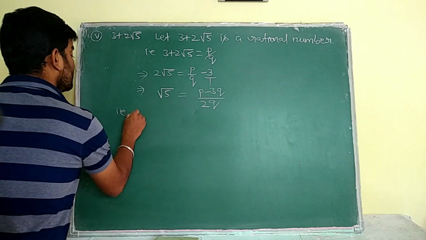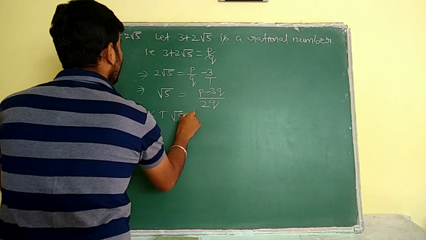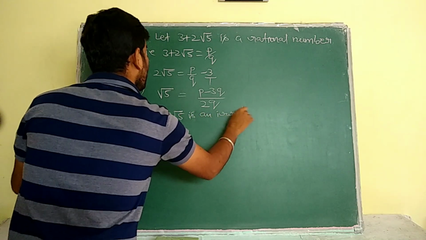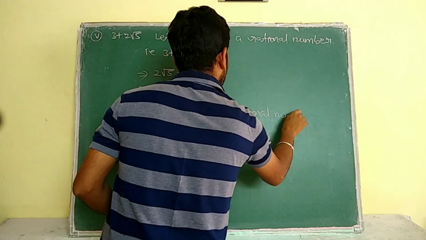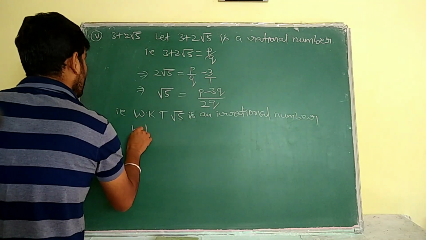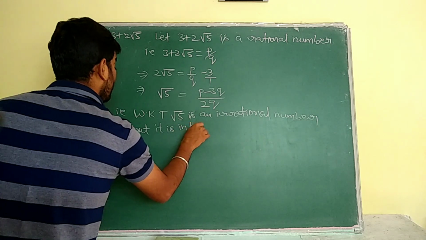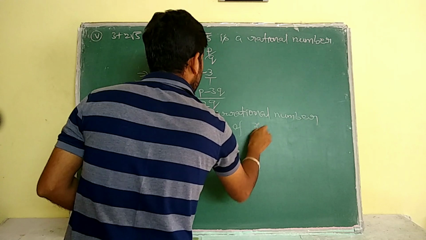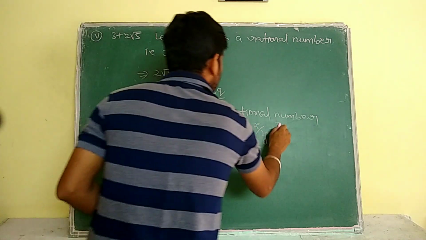That is, we know that root 5 is an irrational number, but it is in the form of x by y, which contradicts our assumption.